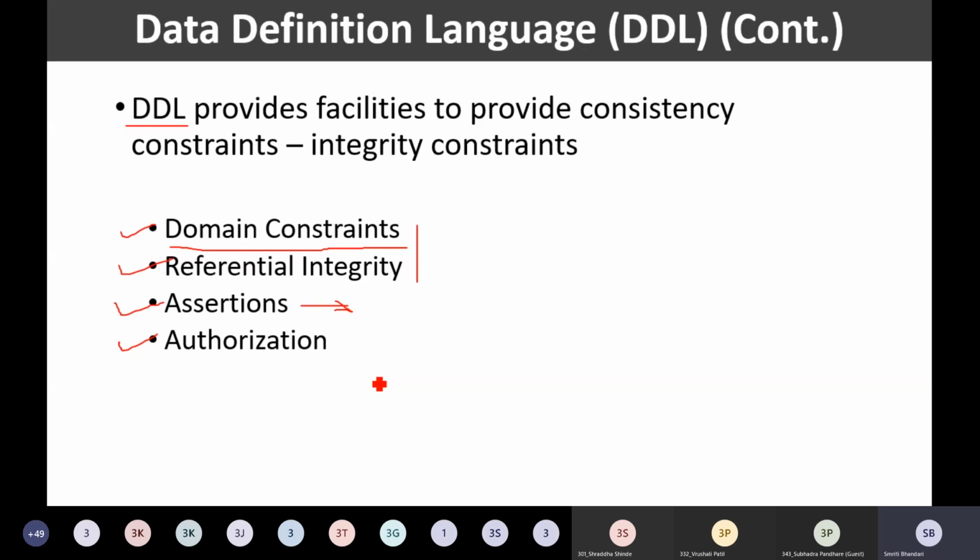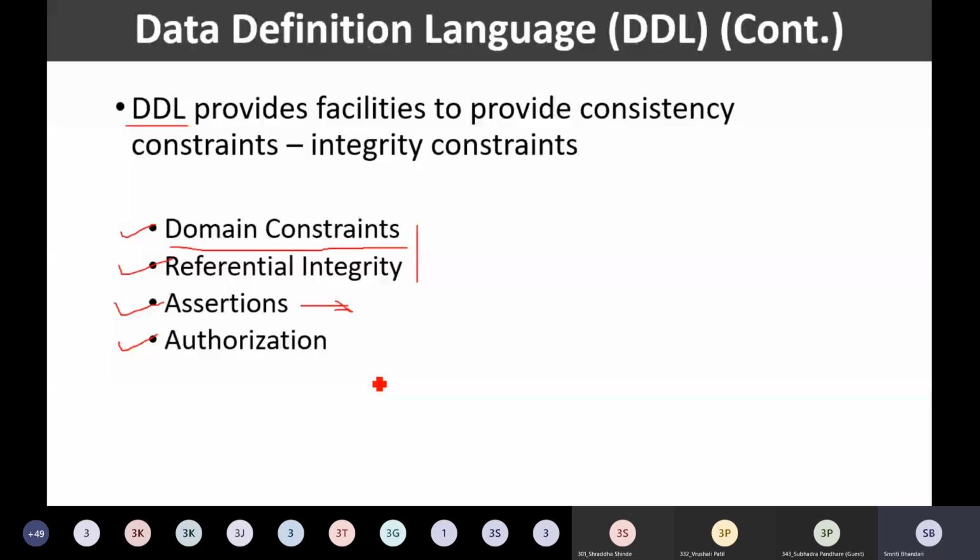Read authorization is available with the student for data related to attendance, but modification authorization will not be available to the student. So we are giving specific rights to specific users.